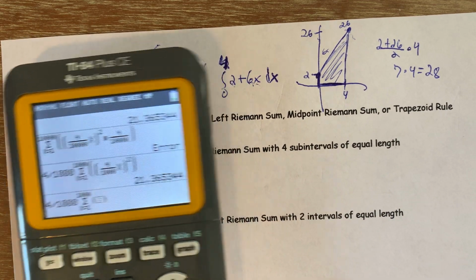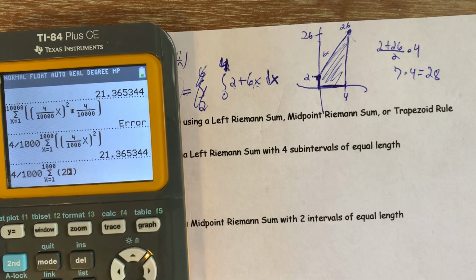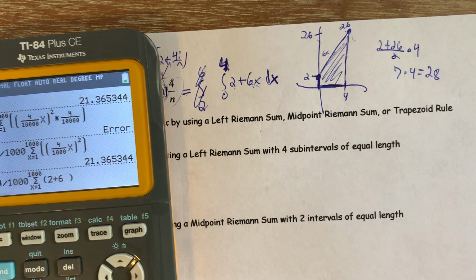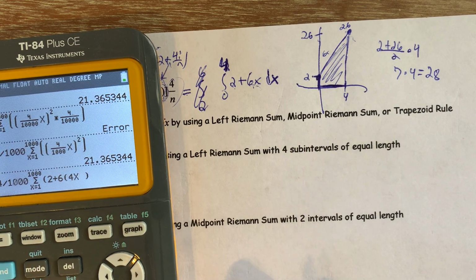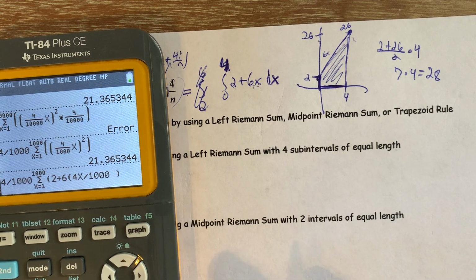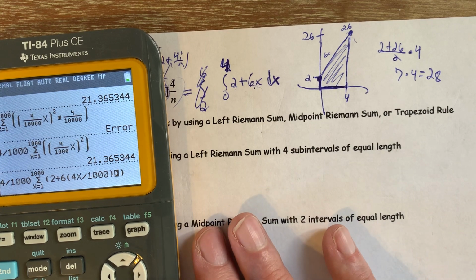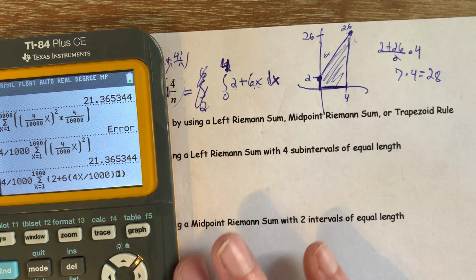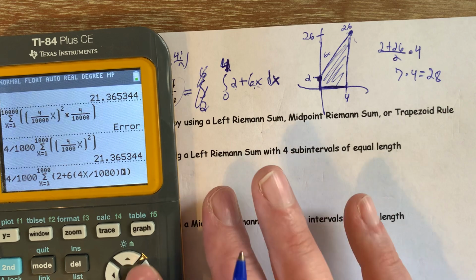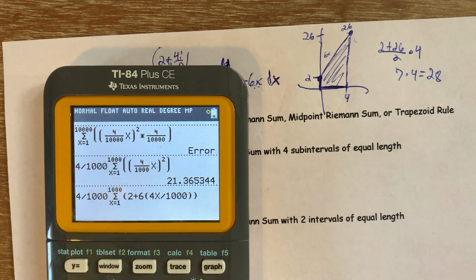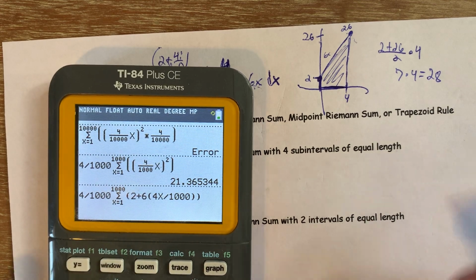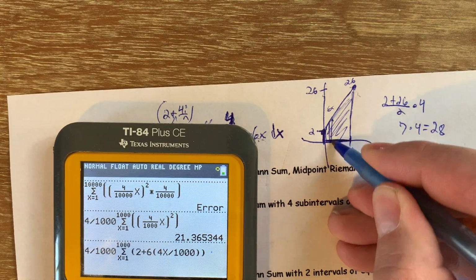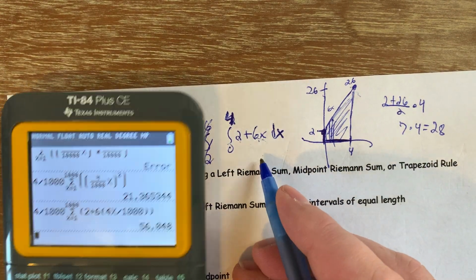Of what would this be? This was 2 plus 6 times 4x over 1,000. That's the width. Times, oh shoot, we already factored out the 4 over 1,000. Okay, good. So this calculator is going to do 1,000 rectangles, and it's going to take it way longer than if we just changed it to an integral.